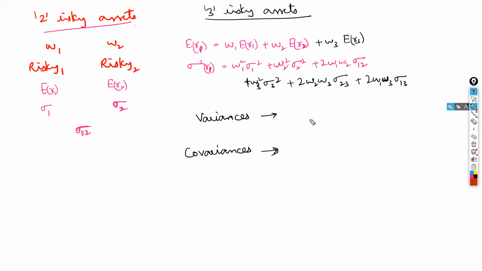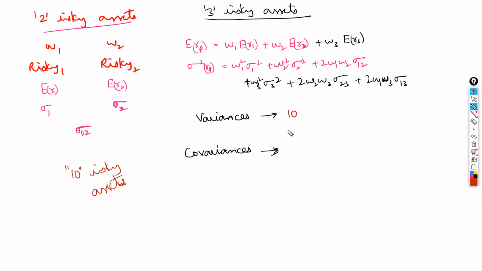If you have 10 risky assets, just as an example, then you'll have sigma 1 square, sigma 2 square, sigma 3 square, and in that way you'll have 10 variances.